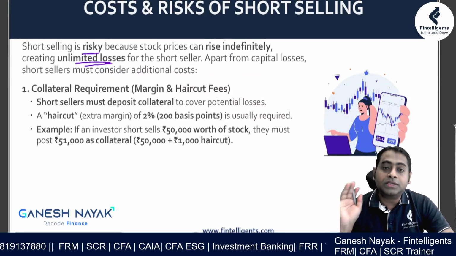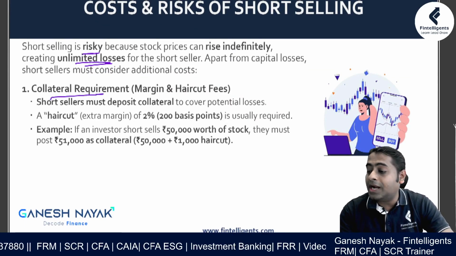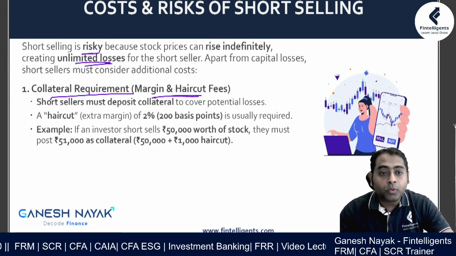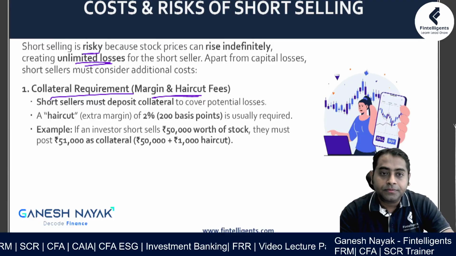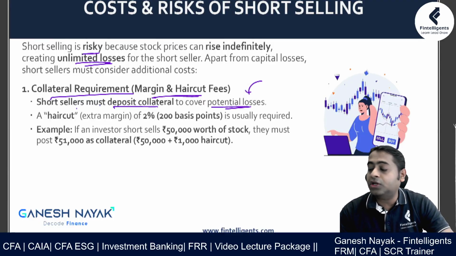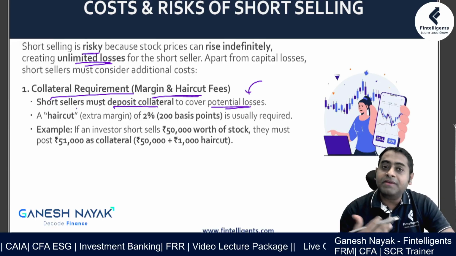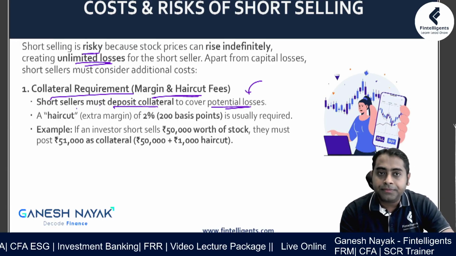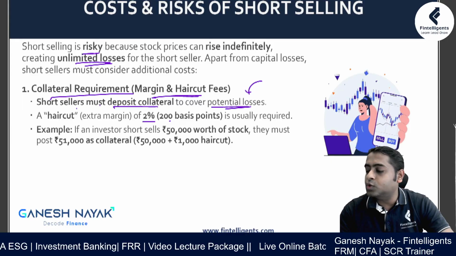If you're going to do short selling, there is a collateral requirement. That means you'll have to give some asset. So the short seller must deposit collateral to cover any potential loss. And generally, if I'm giving an asset, there is a haircut which is applied. Let us assume the haircut is 2%.